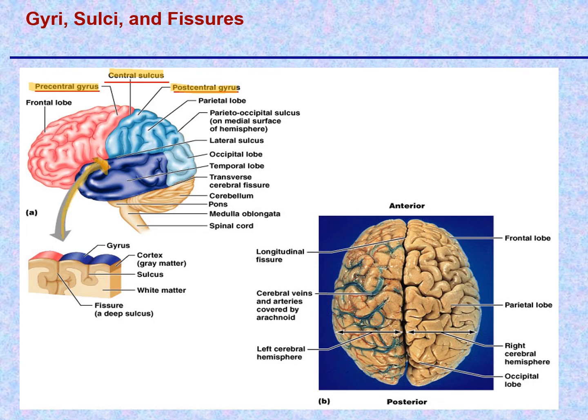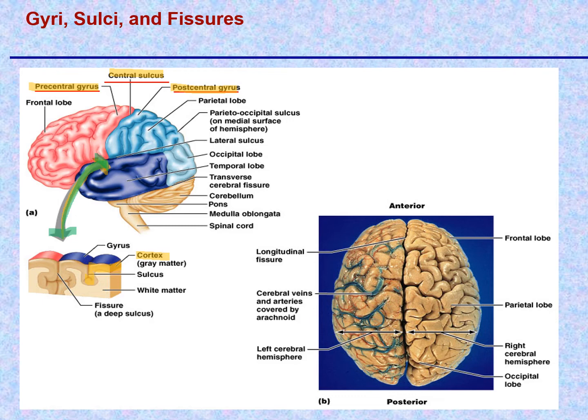If you look at a wedge cut into the cerebrum, what you see is that the surface or outer part of the cortex is all gray matter. The outer part of the cerebrum is all gray matter, and that's the cerebral cortex.